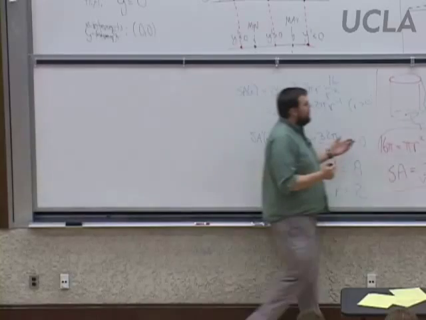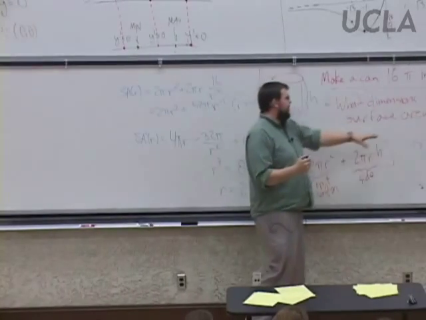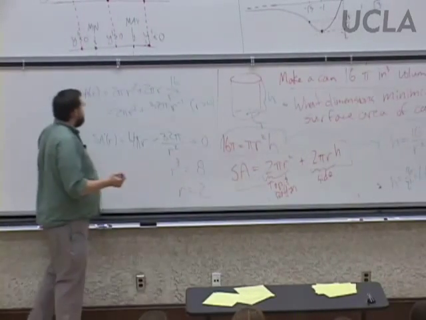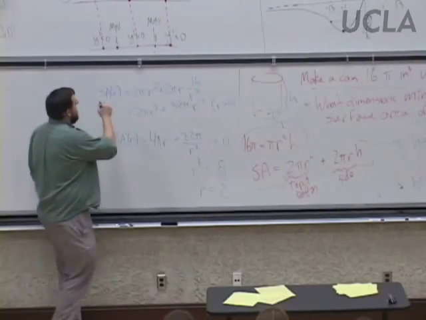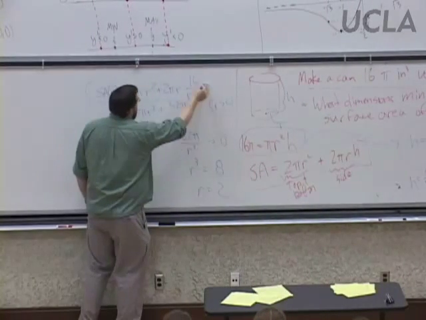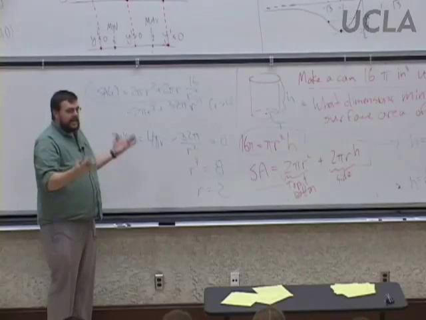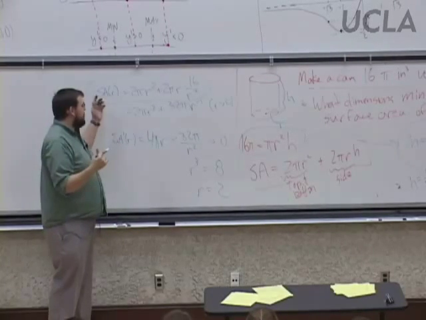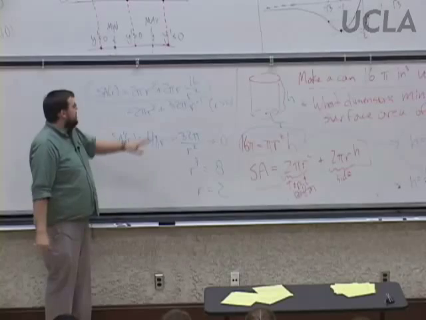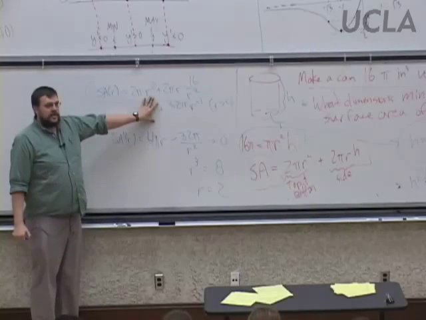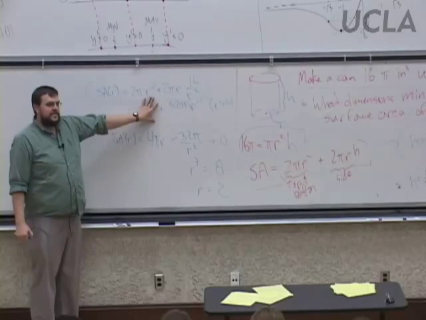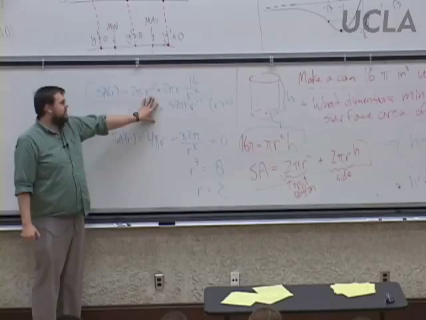What if I ask what dimensions maximize the surface area? Well, notice that this is the surface area for any r. Give me an r, and I can generate a can with that surface area, which has volume 16 pi. But what do you notice about this function as r gets large? The surface area gets huge.